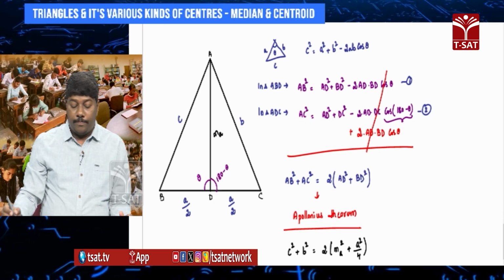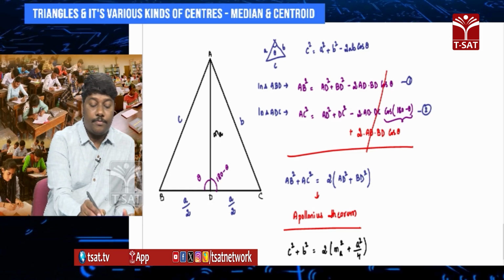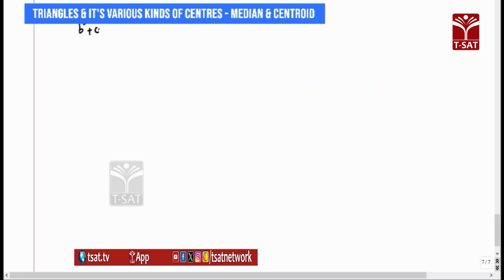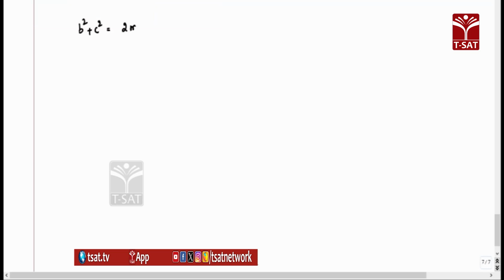Multiplied with 2, it becomes b square plus c square is equal to 2 ma square plus a square by 2. Again multiply it with 2: 2b square plus 2c square is equal to 4ma square plus a square.